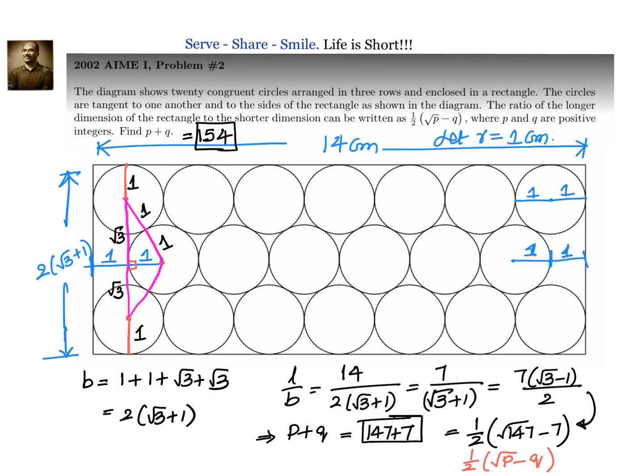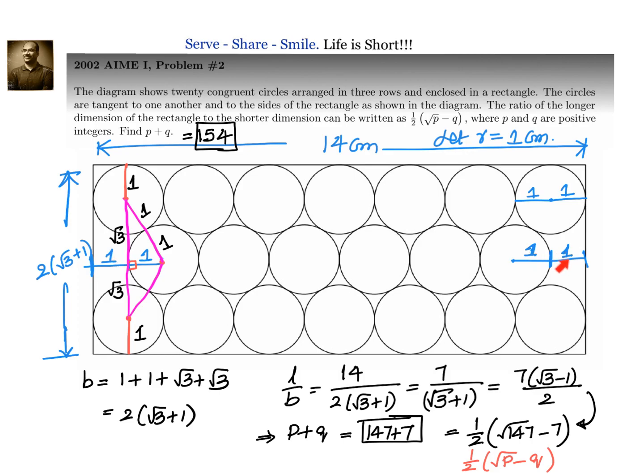Let's have a recap of this problem. We have been given that in a rectangle there are 20 circles arranged in 3 rows that touch each other as shown in the diagram. We have been told that the length to breadth ratio is half into square root of p minus q. We have to find the value of p plus q. So for convenience we took the radius as 1 centimeter. So we know the length equals 7 into 2, 14 centimeter. Coming to the breadth, there are only 6 circles in the second row.